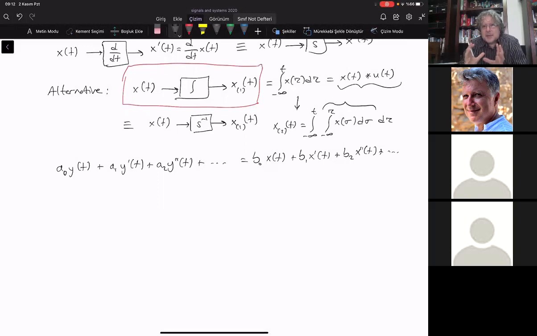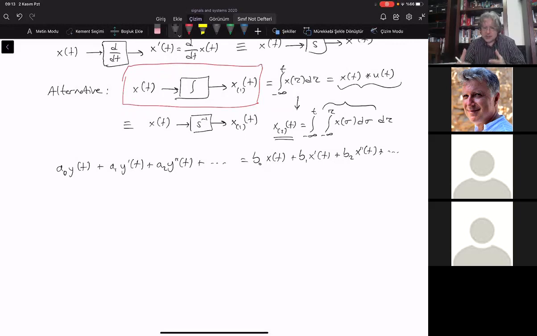The inner side of the integral expression will give me x of tau, and out of that will be integral x tau d tau, which will give me x of t. So soon we will run out of terminology, the indexes, tau, sigma, the Greek letters will end. So it's difficult. Instead of that, we just say it like x sub 2 of t, which means a double integral form, or twice convolved with u of t.